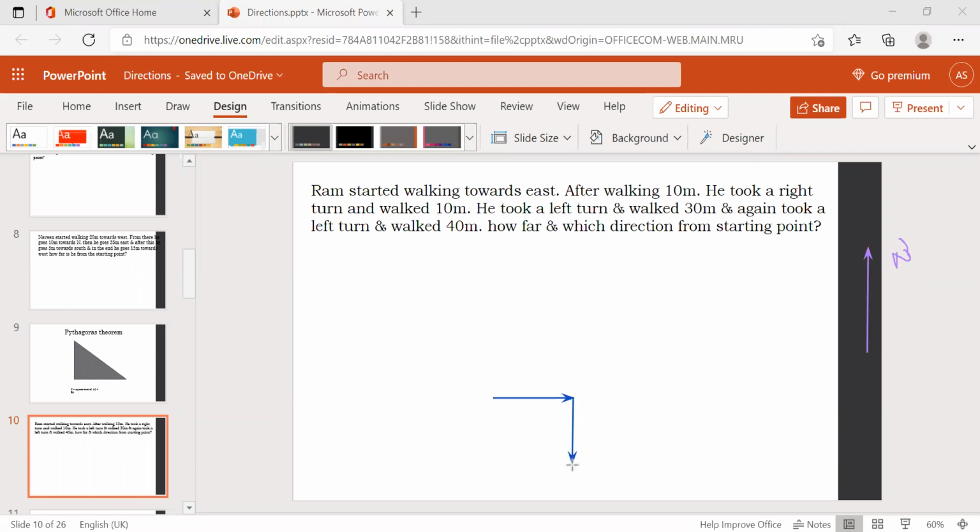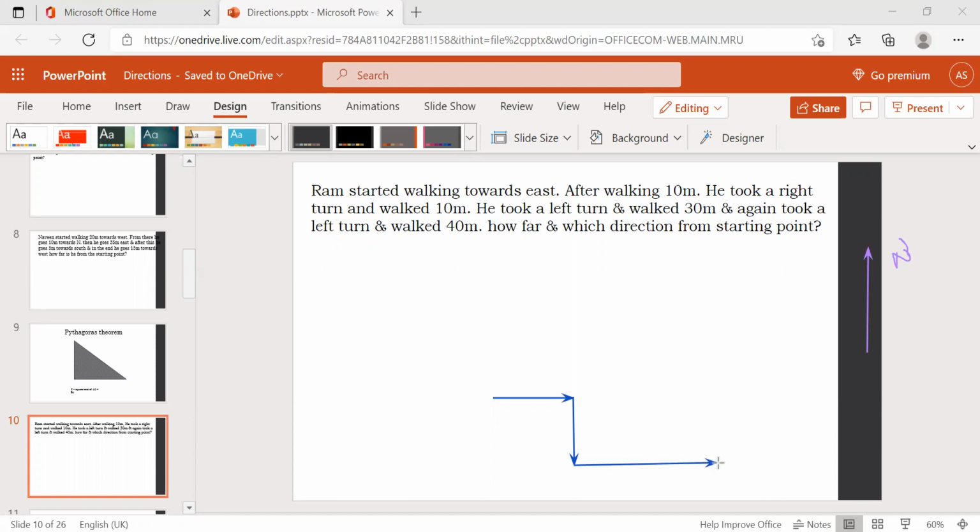And again 10 meters. Then took right and walked 10 meters. He took left turn. From south to left, again east only, right? Again east. So east, took and walked 30 meters.